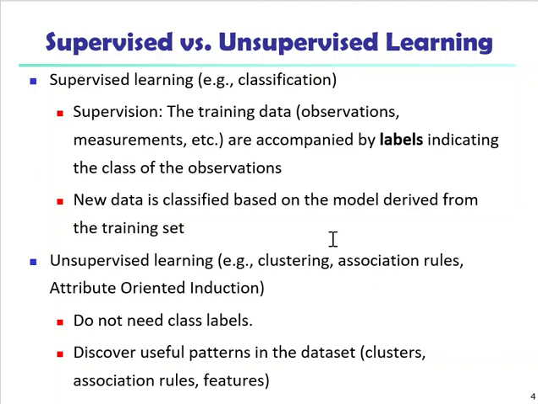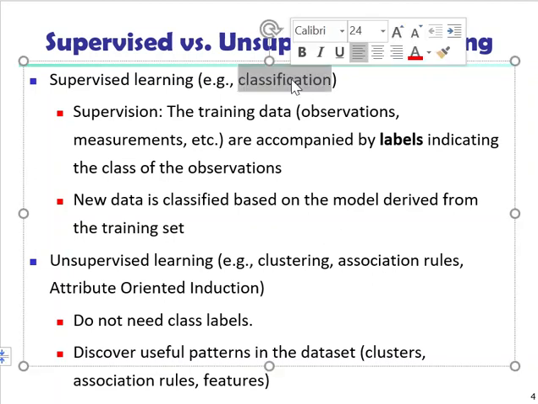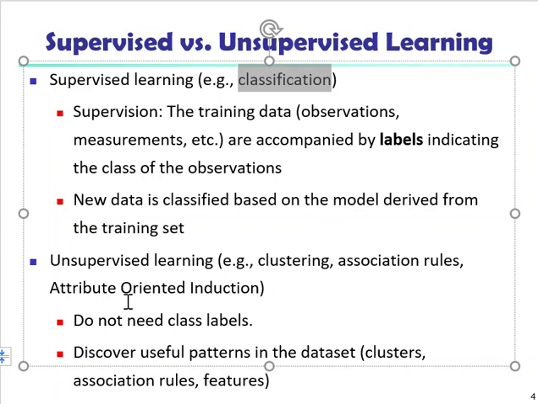So, supervised and unsupervised learning. We're talking about classification this week. So classification is a supervised learning. How can we tell supervised learning from unsupervised learning? They are differentiated based on what information is provided to the learning algorithm from an external source.